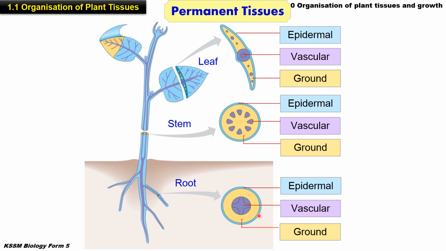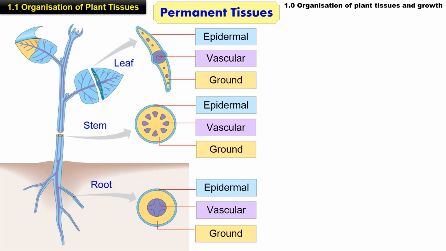Okay, we will go for the example for each of the tissue, epidermal, vascular, and ground tissue. First, focus on the epidermal tissue first. Dah. Kena tulis ke? Ya, you kena tulis.